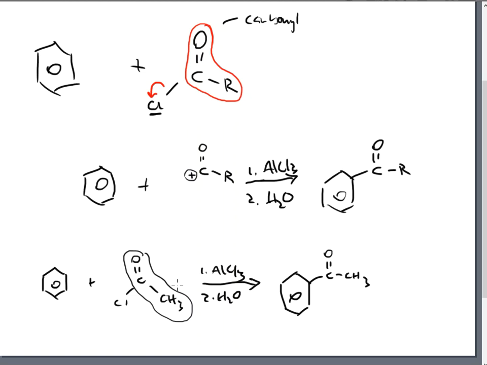Okay, well, before I go further, I also need you to know that it doesn't have to be just one C double bond O, meaning that if I throw out something that looks like this, it also works.